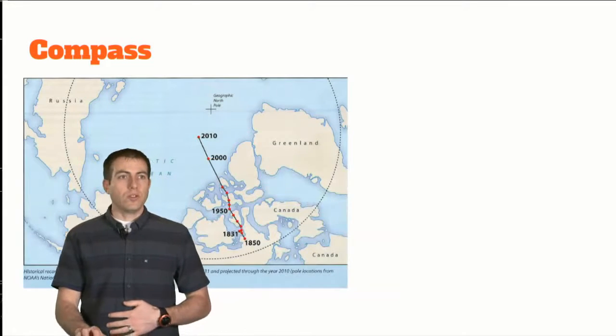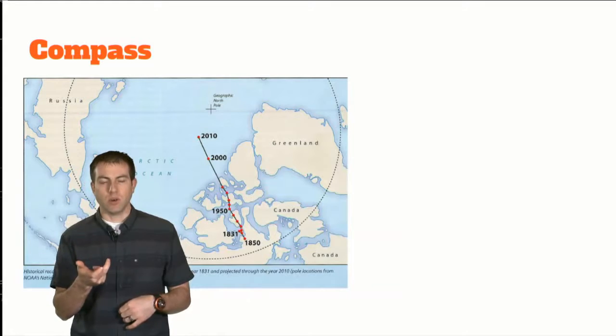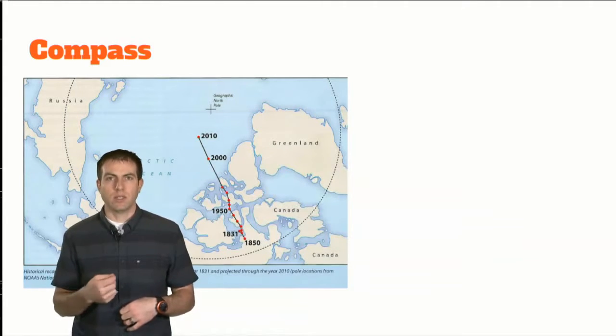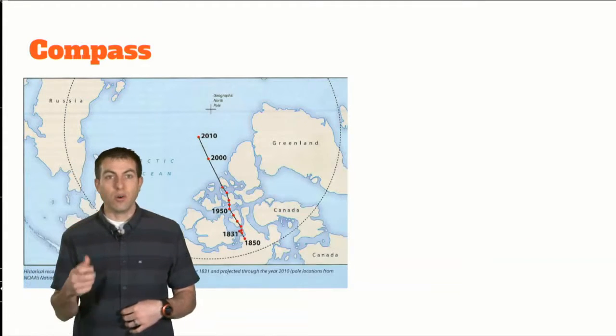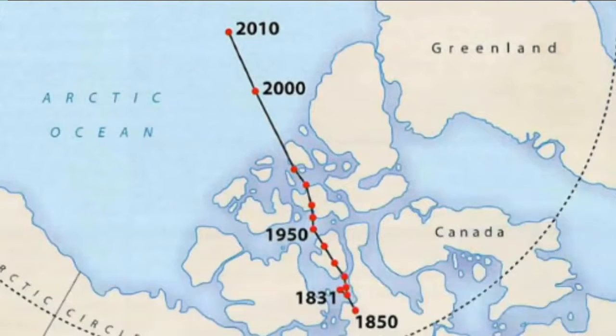What if I told you that the North Pole your compass points to isn't actually where your compass is pointing? And if I told you even further, the North Pole that your compass is pointing at isn't the same place, and it's changed a lot in your lifetime where your compass points.